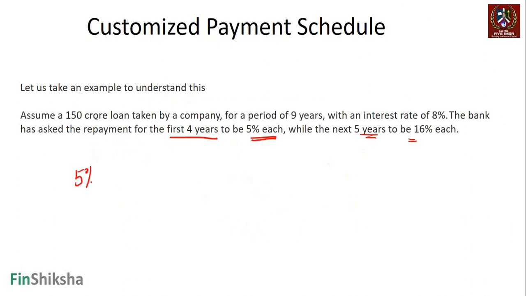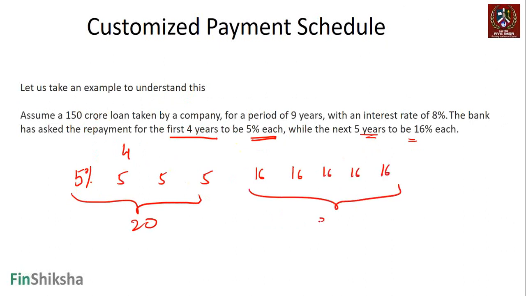So it's going to be 5%, 5%, 5%, 5% for the first 4 years, that's 20, and then the next 5 years is 16, 16, 16, 16, 16%, and that's going to be 80 over the next 5 years. So you're repaying the entire 100% of the loan, but in the first 4 years you're only paying 5% each. In the next 5 years you're going to pay 16% each. How do you model this? Straightforward. Let's create a schedule in the Excel file.